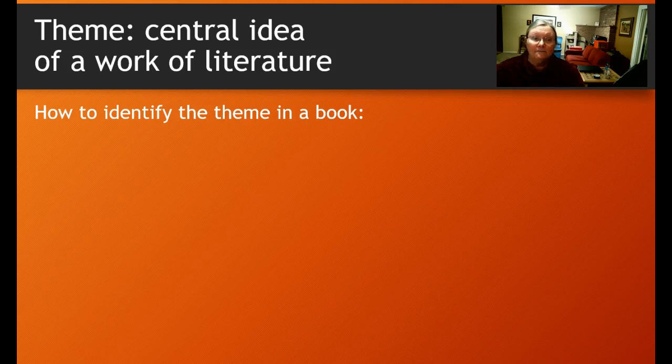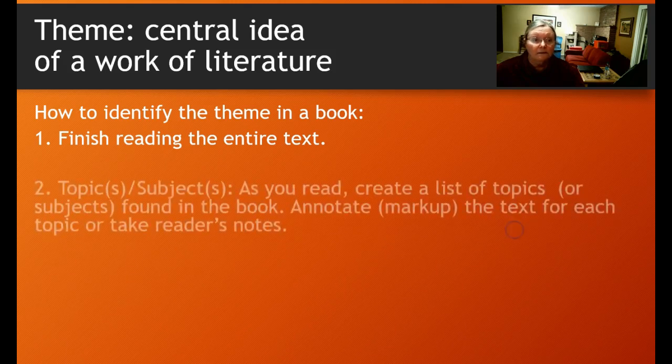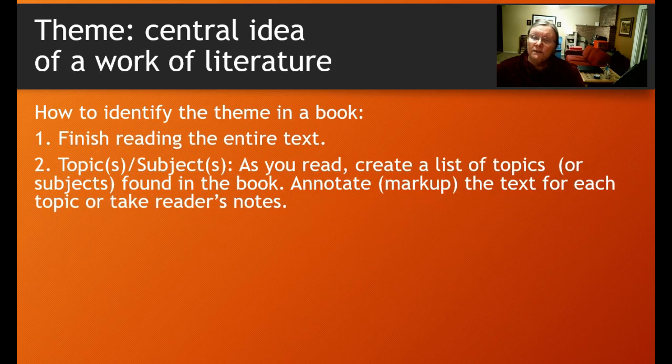So how to identify the theme in a book, here's some ways. So first of all, you should finish reading the text. You can identify some minor themes, but for the major theme, you should be reading the entire text. As you're reading through the entire text, you should be taking a look at the topics in the book.